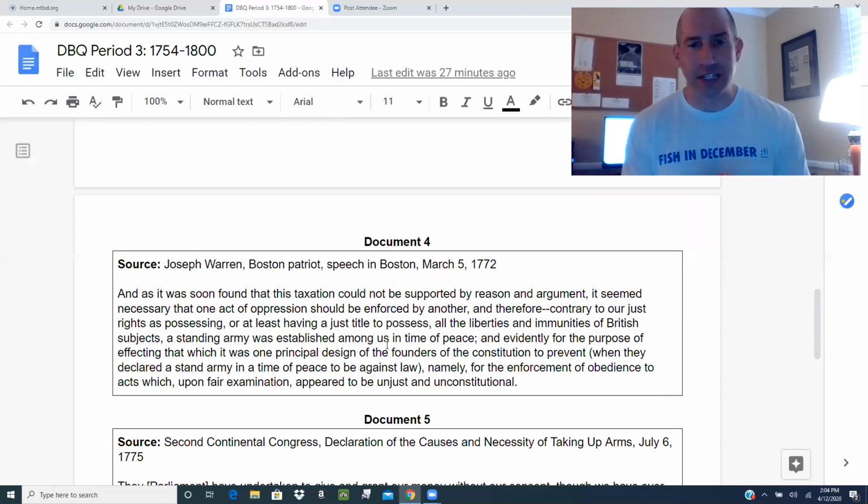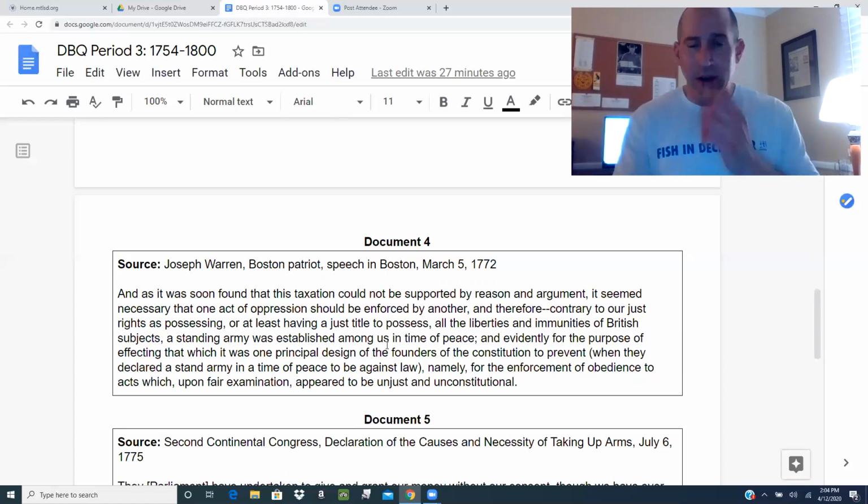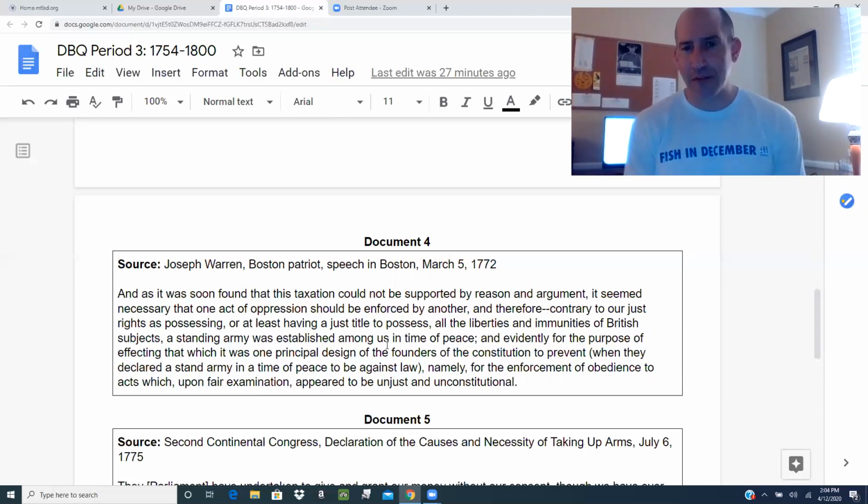And without going into all the details of the massacre, they were surrounded by an angry crowd. They had threats at them. They had snowballs, ice balls thrown at them, and the order to fire took place. And now it's not only are we being taxed against our will, but we're under military occupation to have that tax paid. And of course, this is the propaganda coup for the radicals, the Sons of Liberty.